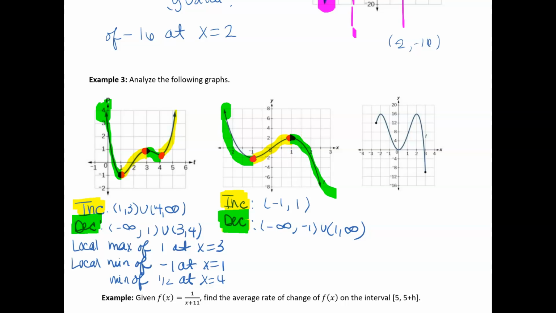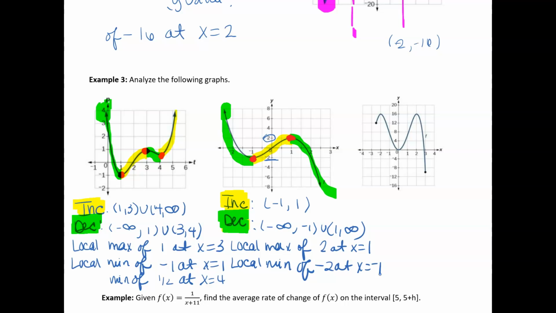And so we would say there is a local max of, again, you're going to take this y value, 2 at x equals 1, and there's a local minimum of, again, we're going to take this y value here, negative 2 at x equals negative 1. So I hope this is making a little bit more sense of those definitions where we ended in the first video.